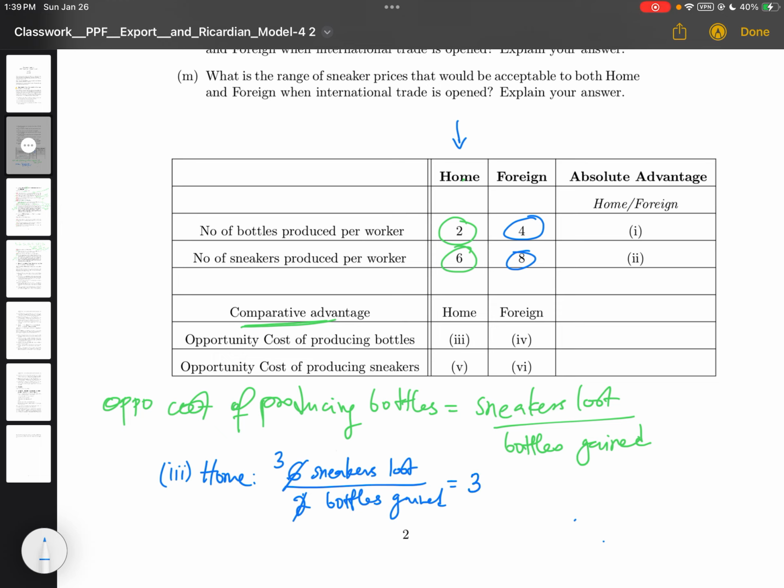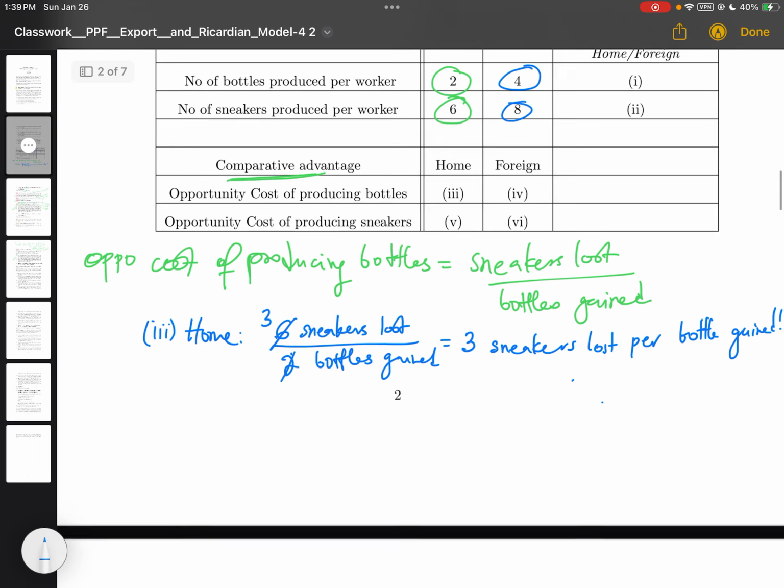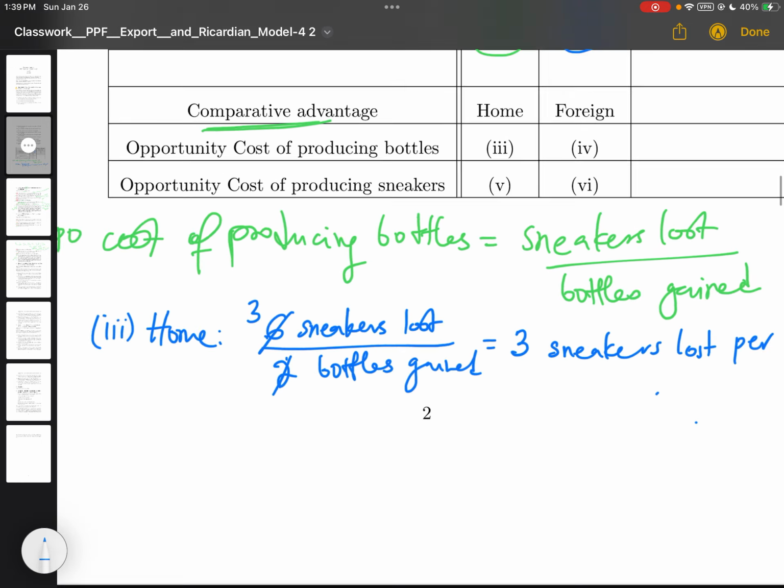So we have 3 sneakers lost per bottle gained. There. So that's for home.